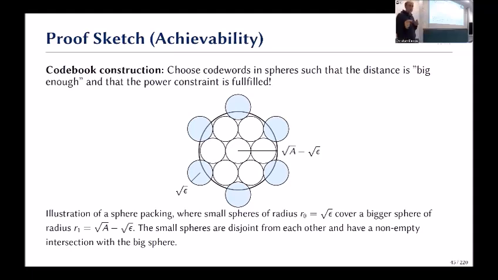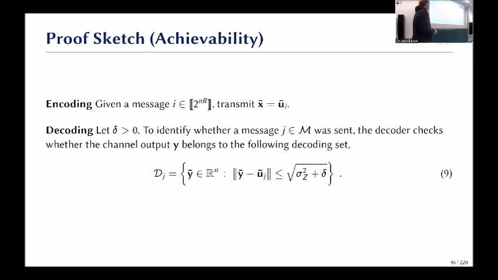Later we have to see, of course, we have to adjust the radius of the sphere because of the error of the first and the second kind somehow. So we have two radii, and you have to play with it to show that everything works. But the main thing is, in principle, to do sphere packing. And now for the encoding, given a message i, we transmit some u_i of this sphere there. Let's assume we have the sphere packing. Later we speak about the radius.